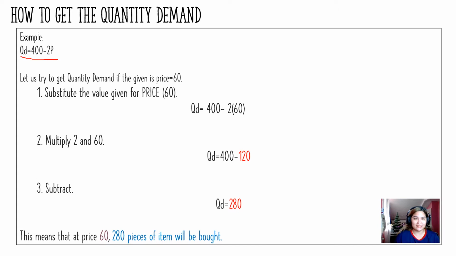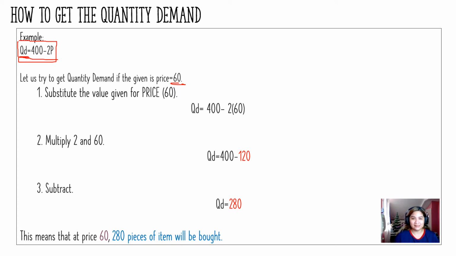Again, we are going to get the quantity demand. There is also a price given here, 60. So the first thing that you have to do is just substitute the value to the demand function. QD equals 400 minus 2P.